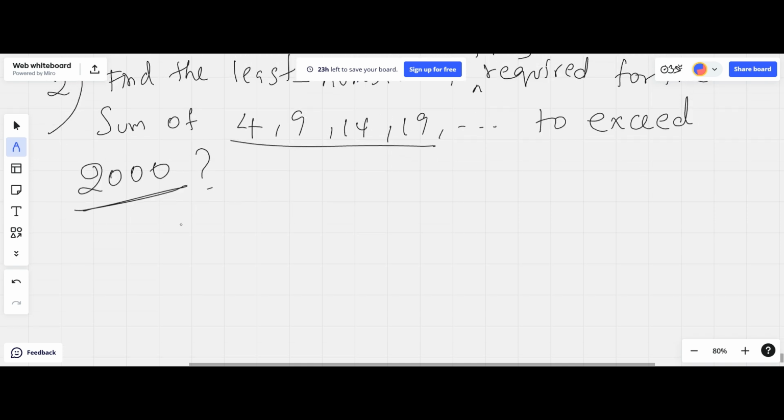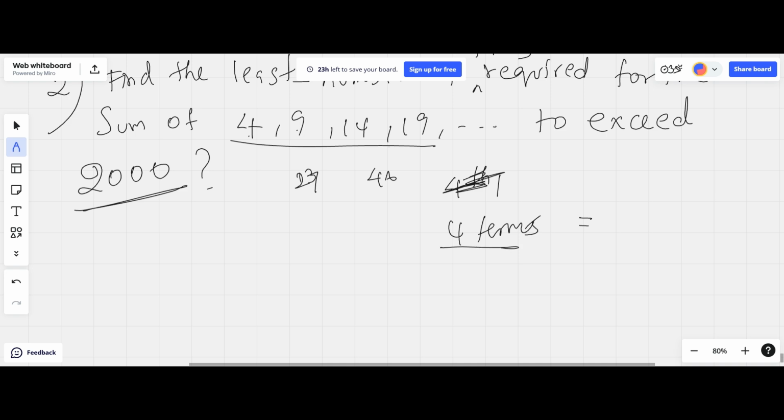Let's add the first four terms. 4 plus 9 is 13. 13 plus 14 is 27. 27 plus 19 is 46.